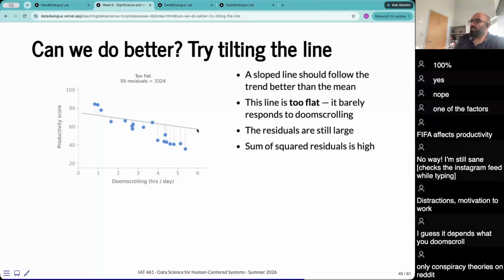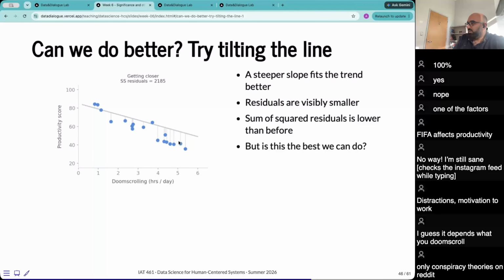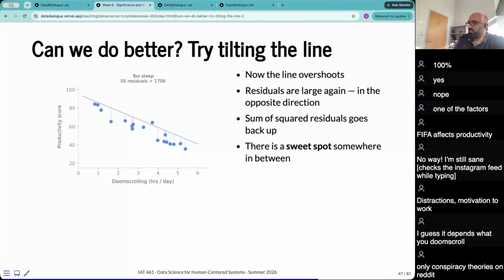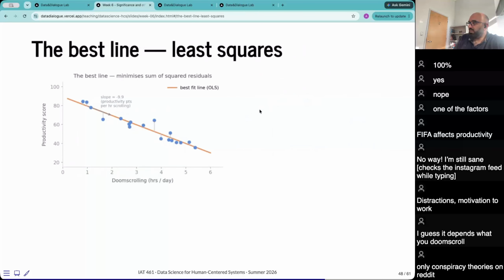Then we try different models. So this is a different line. Still flat. The residuals are still large, but it's better than the previous one. We do more. Is this the best that we can do? Right? Still better. So this is still good, but we can still do better.